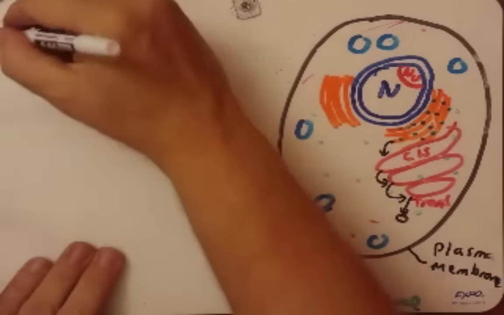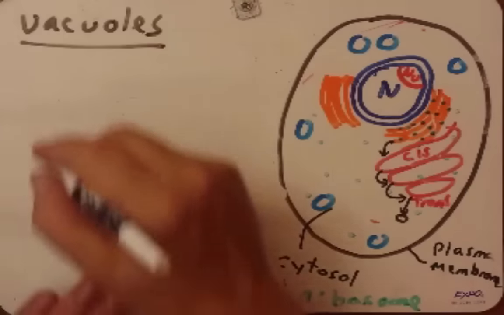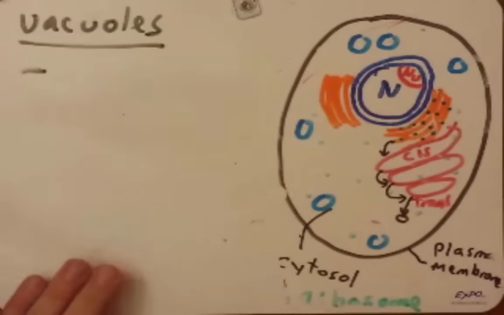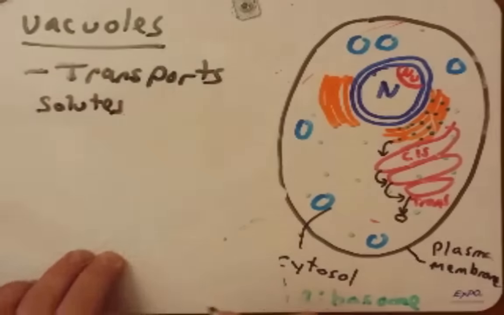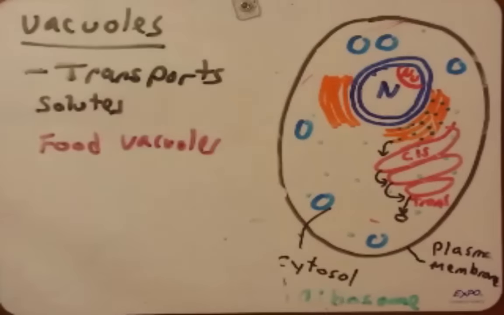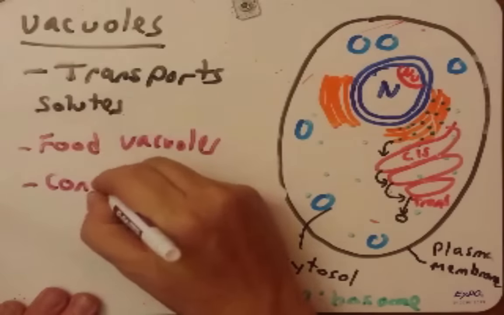The next thing I want to talk about are vacuoles. I think we could maybe best summarize vacuoles as being a vesicle in the cell that transports solutes. And there are different kinds of vacuoles. For instance, there are food vacuoles. They will bring in larger substances through phagocytosis. There are also vacuoles that we call contractile.